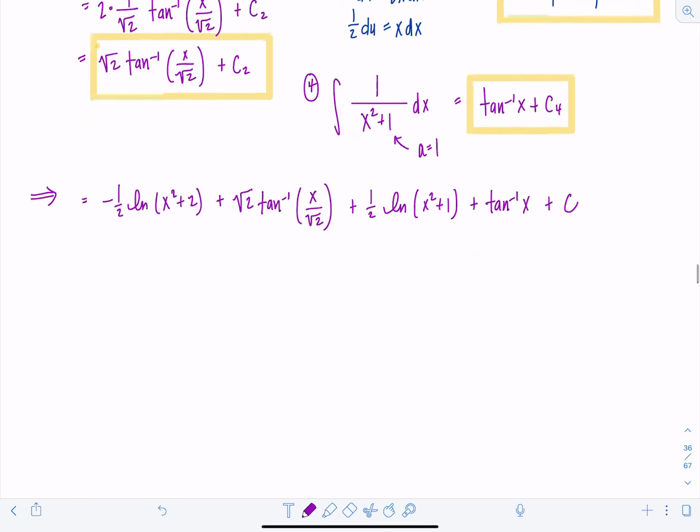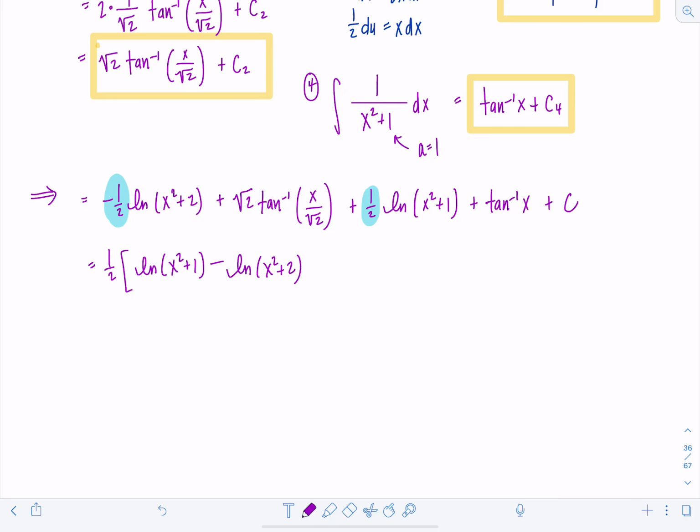Let's just clean this up a little bit because I notice both these natural logs have a coefficient of 1/2, so I want to factor that out. And then I have natural log. I'm going to put x squared plus 1 first, minus natural log x squared plus 2 second, plus, and then rad 2 tan inverse of x over rad 2 plus tan inverse of x plus c.